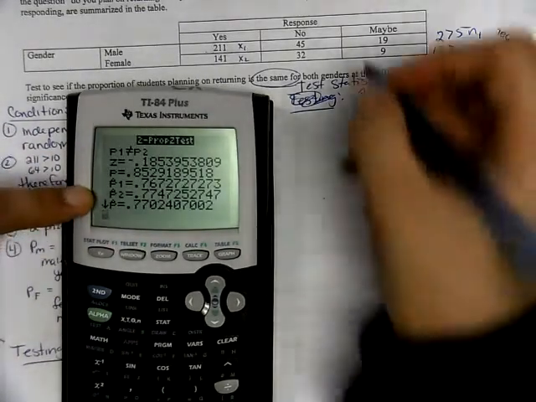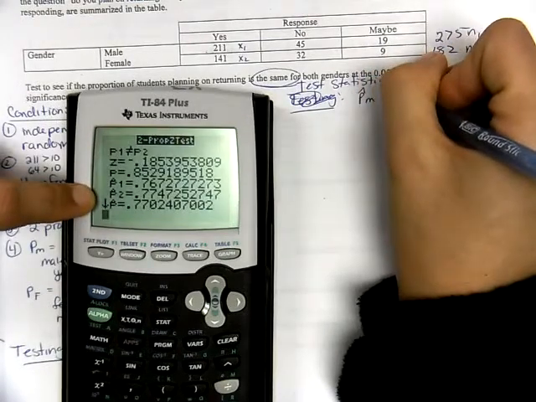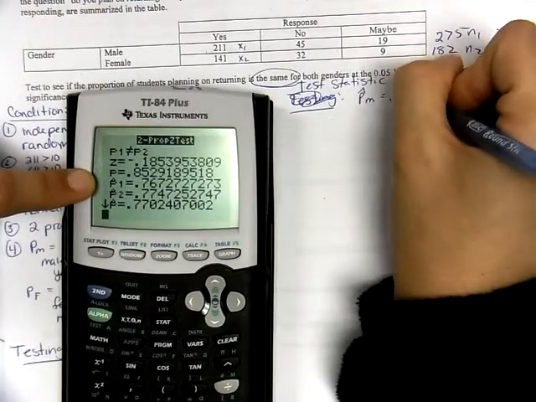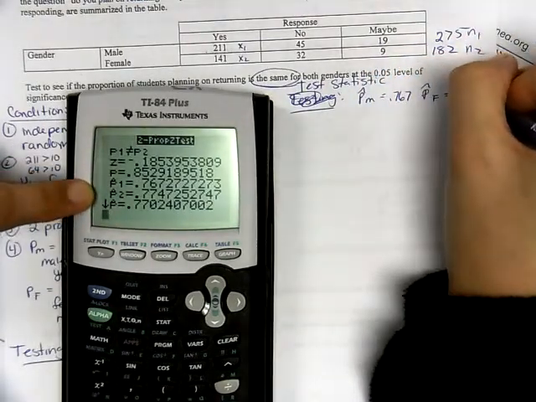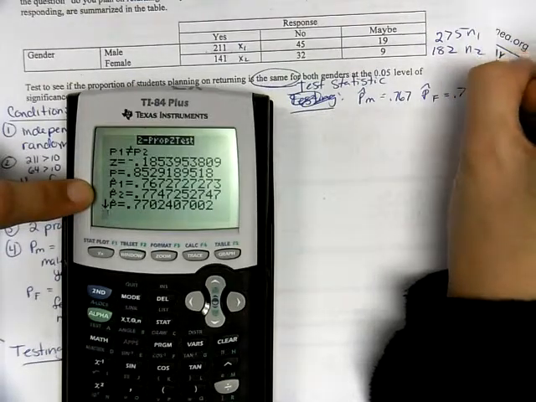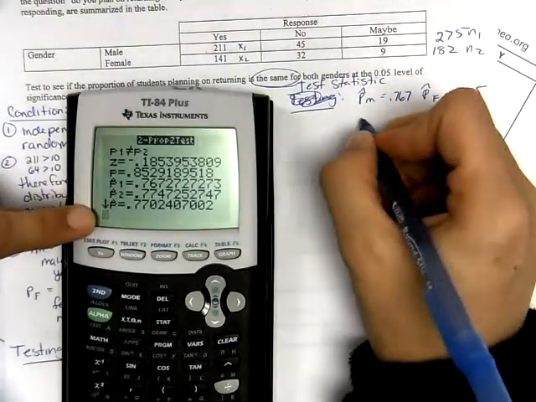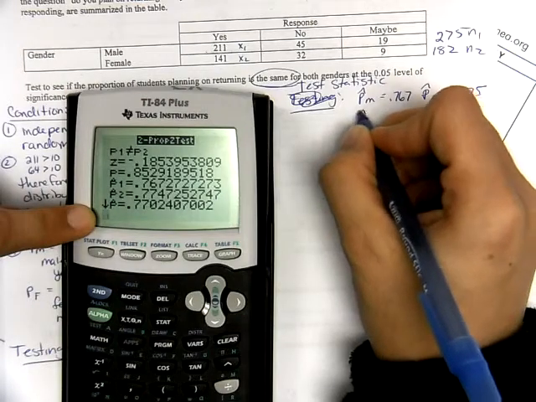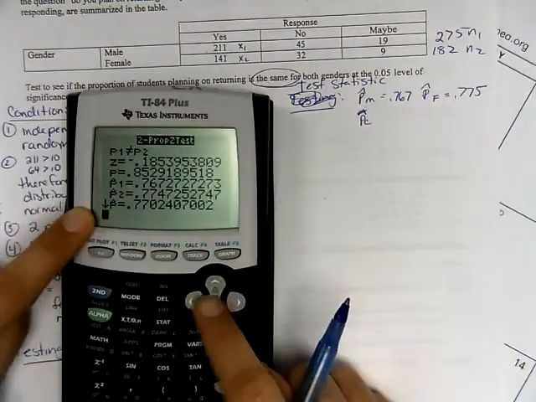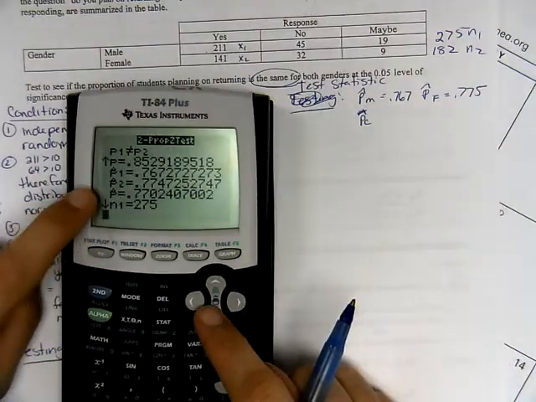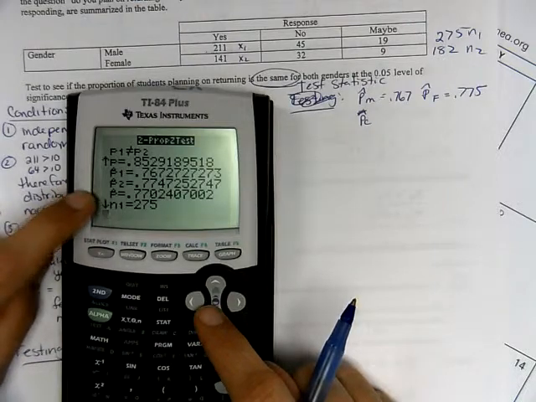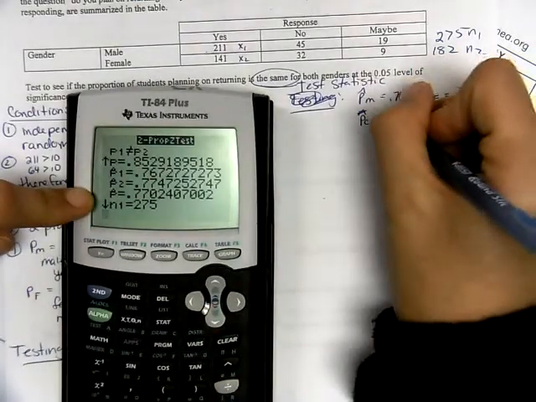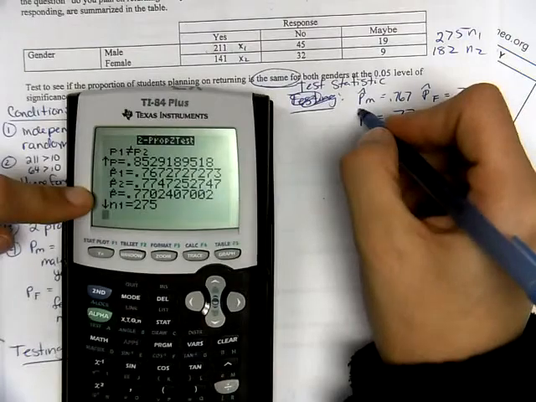So p hat for the men was 0.767. For females was 0.775. See this just regular p hat? That's p sub c. That's p sub c. So 0.77.